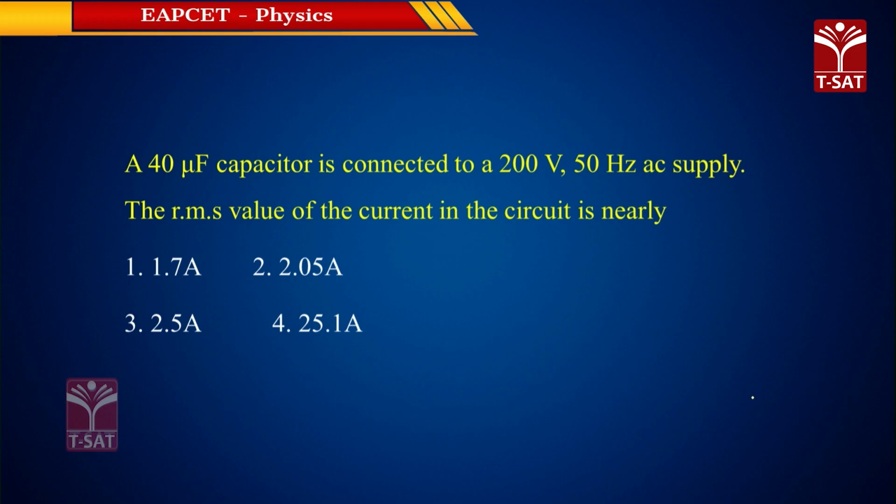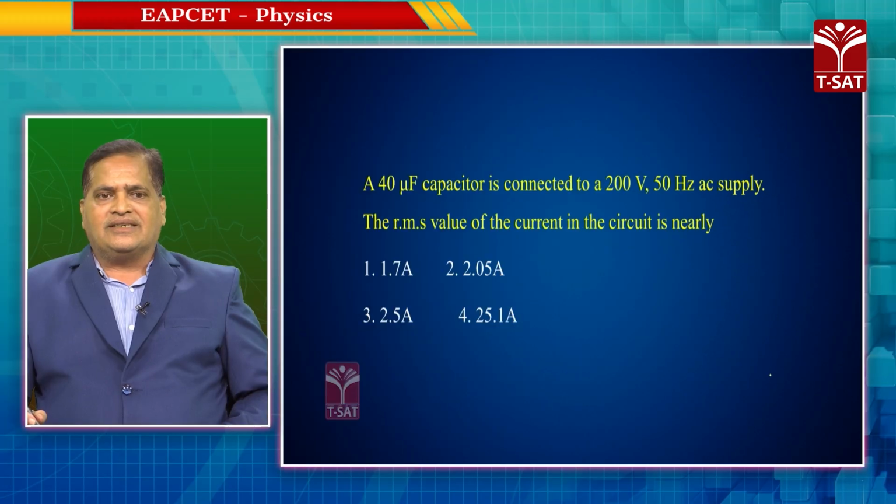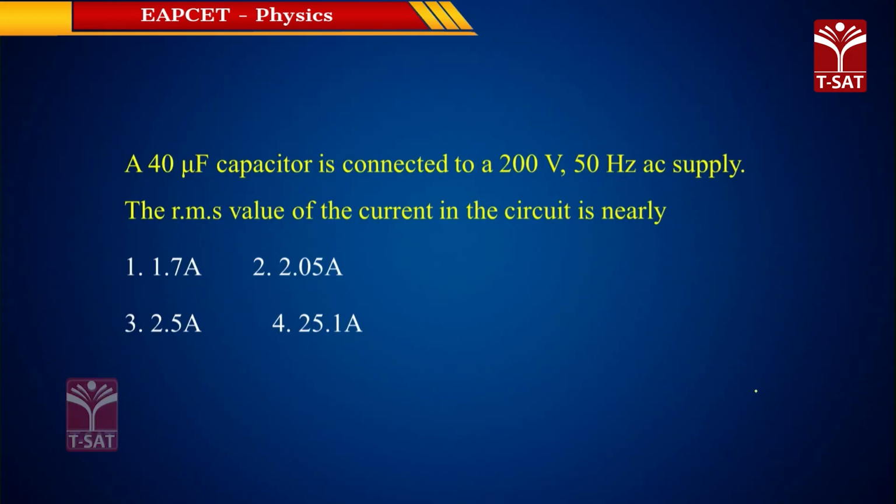The RMS value of the current in the circuit is nearly: the first option is 1.7 ampere, second option is 2.05 ampere, third option is 2.5 ampere, fourth option is 25.1 ampere.